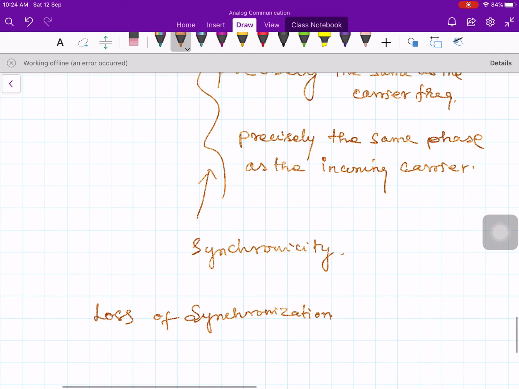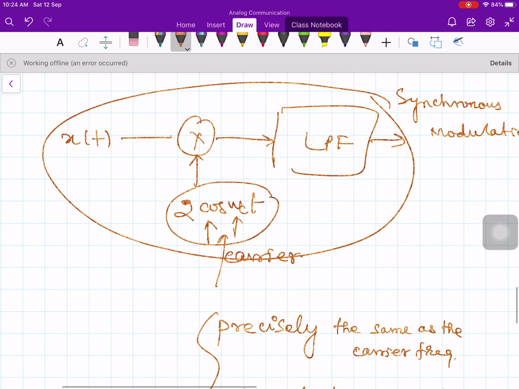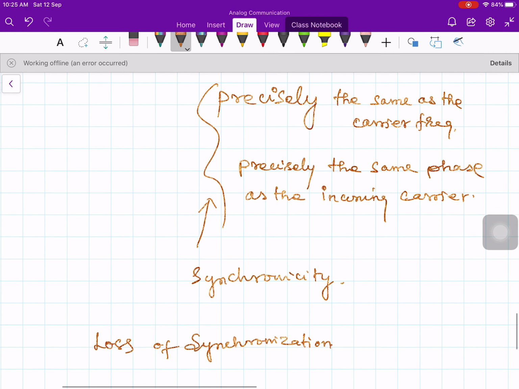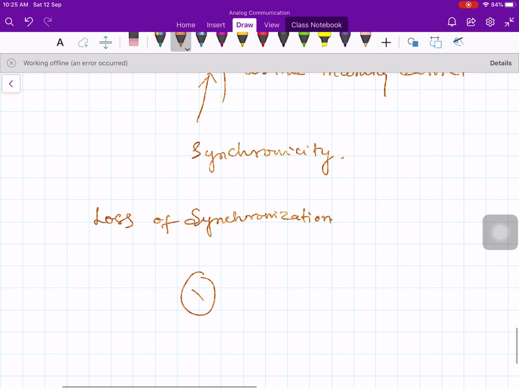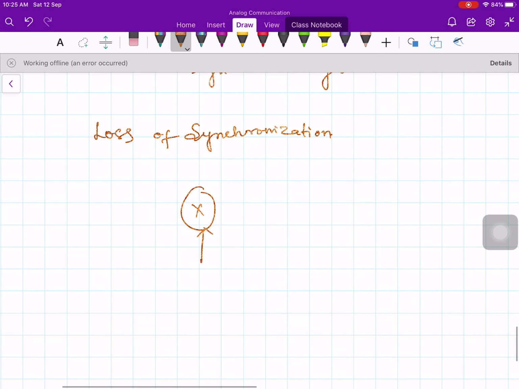Let us say this is your z of t. Now let me take the same circuit. Now the carrier is slightly different: 2 times cos omega ct, but slightly mismatched from the carrier frequency.